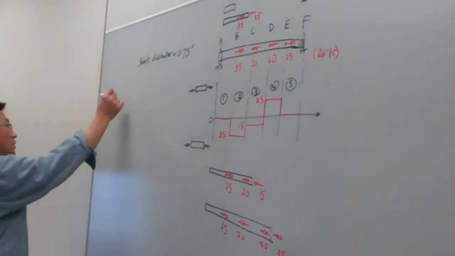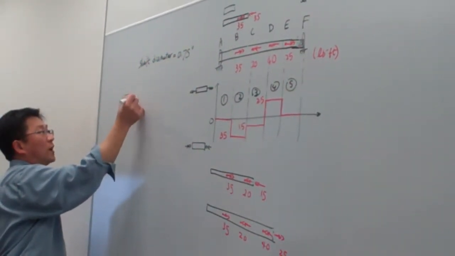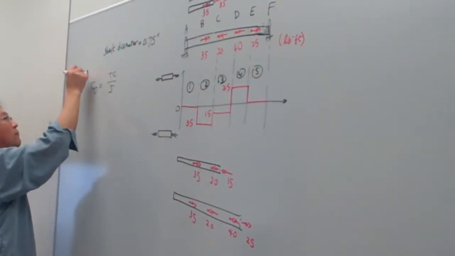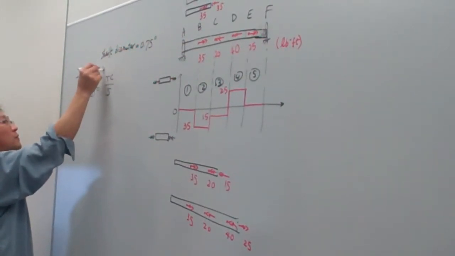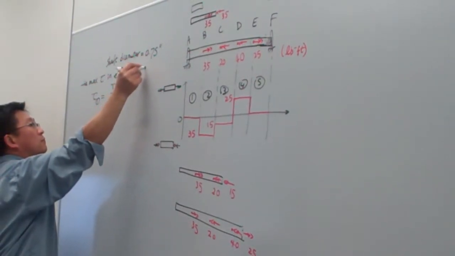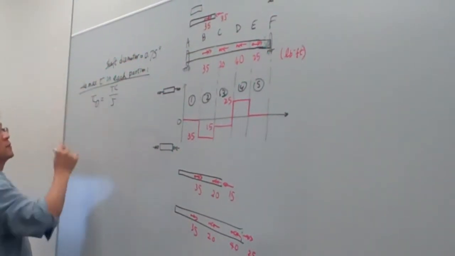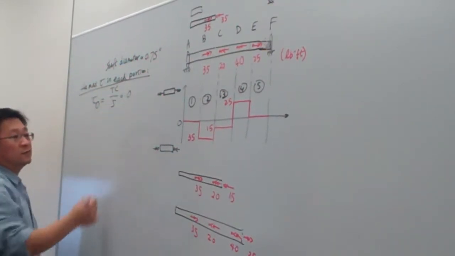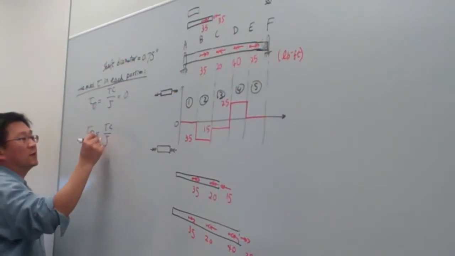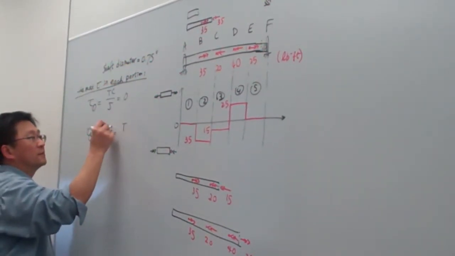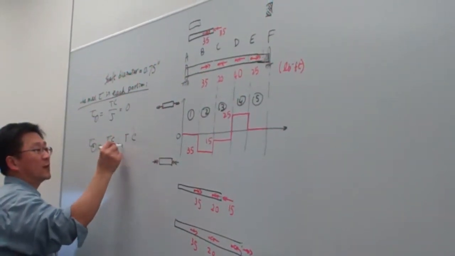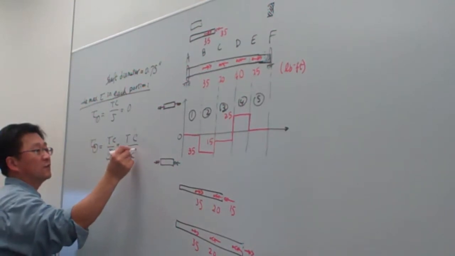So in this one, we can calculate tau, the maximum tau in each portion. In portion 1 it will be TC over J, that will be 0. Then in the second segment, tau equals TC over J, and J equals pi over 2 C to the 4th power.